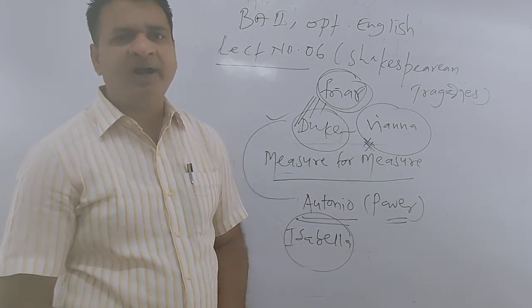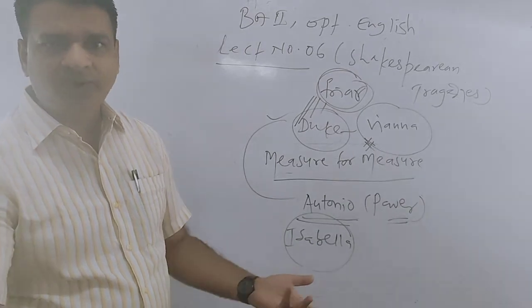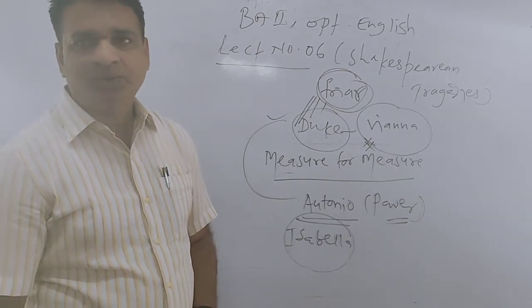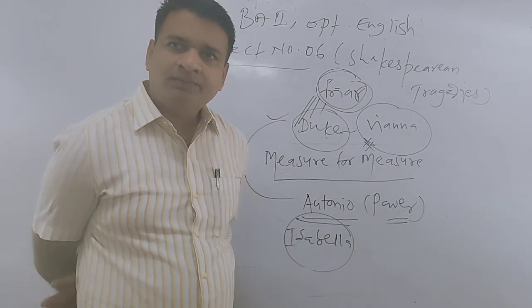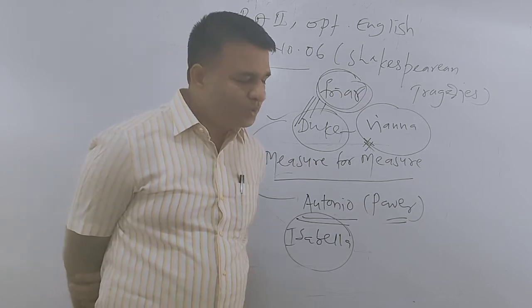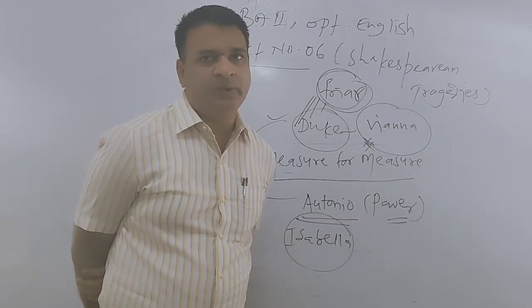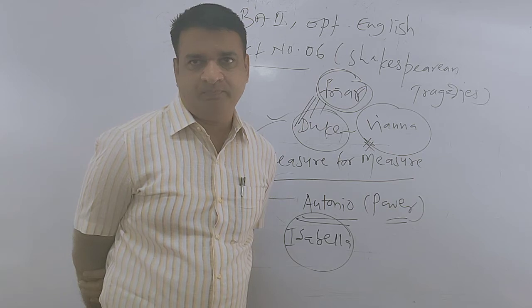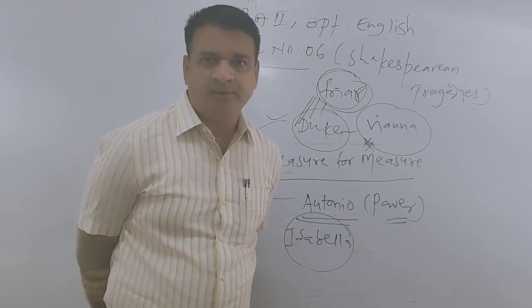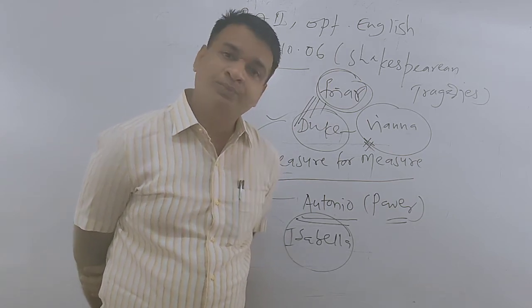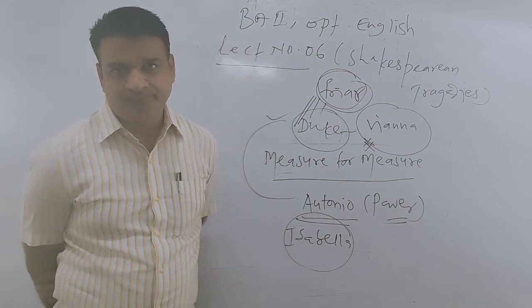So what is my fault? And so Isabella, along with her friend, goes to Antonio and requests him for the rescue of her brother, but he fails to accept.